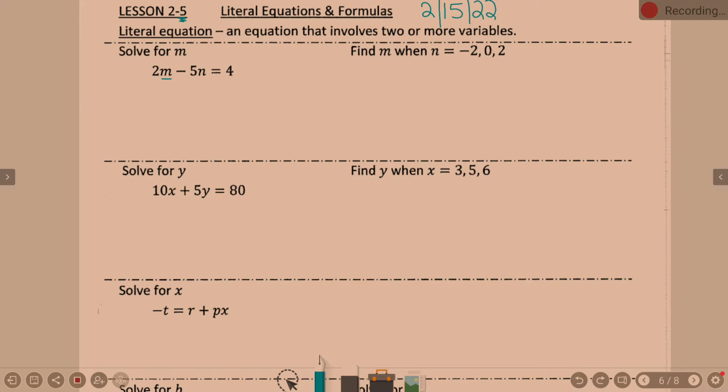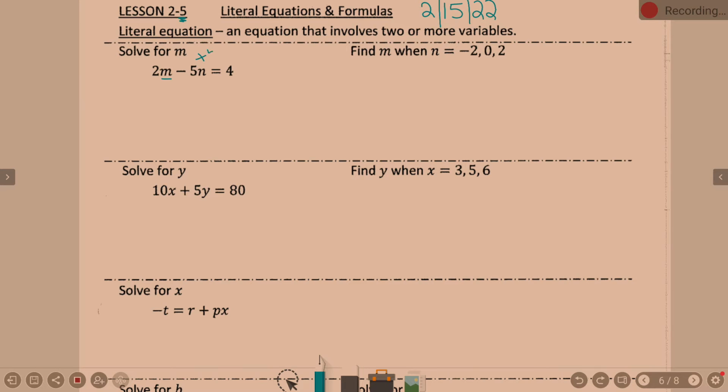How do I get 2m by itself? What's hanging out here that I need to move away? The subtraction. The minus 5n. So how do you move a minus 5n? You got it. The opposite of subtracting 5n is going to be adding 5n.